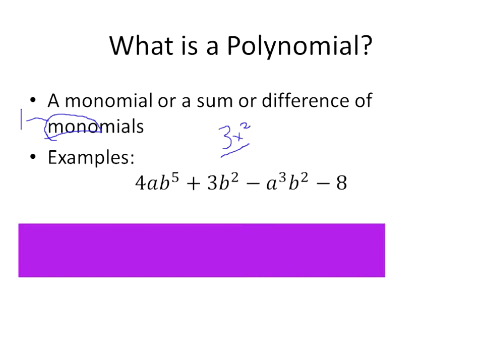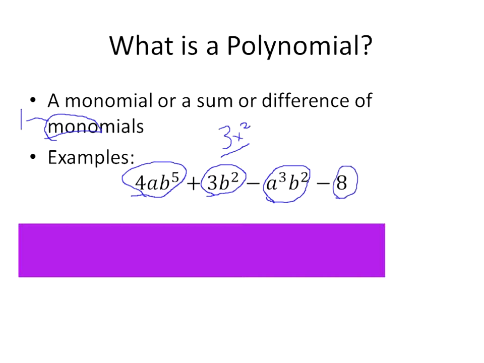But then we have this other one where, if we're ignoring the addition and subtraction signs, this would be a monomial if it was by itself. If this was by itself without the other stuff, that would be a monomial. If that was by itself, that would be a monomial.